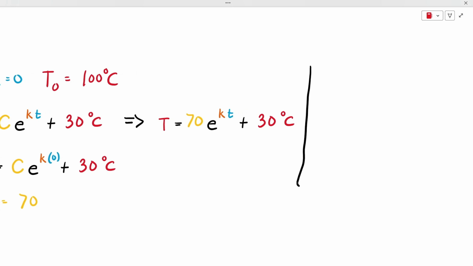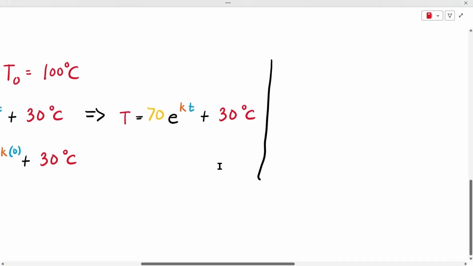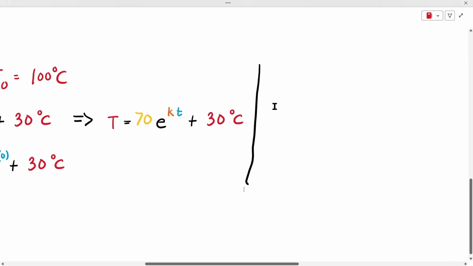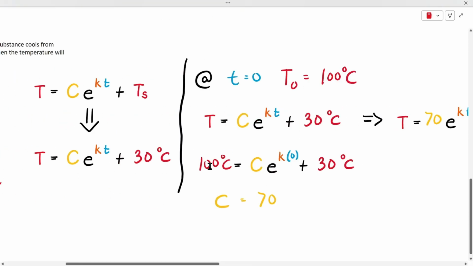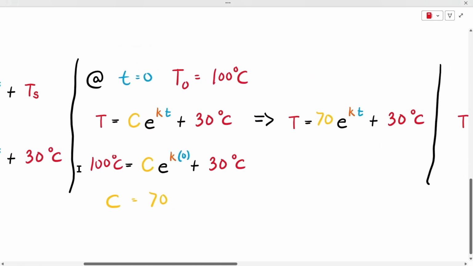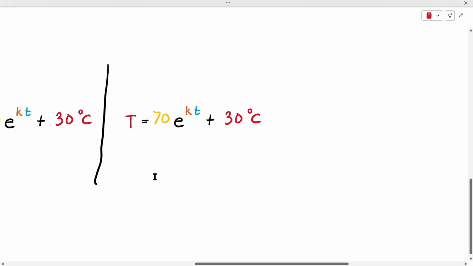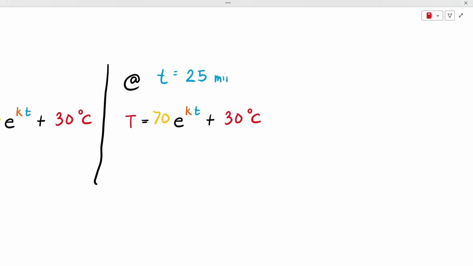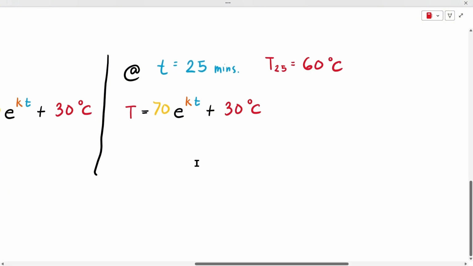Now let's compute the value of the proportionality constant K. At time 25 minutes, the temperature is 60 degrees Celsius, so plug in those values.